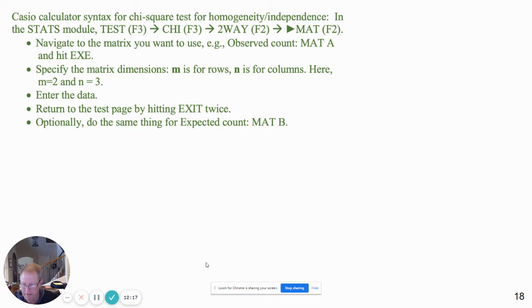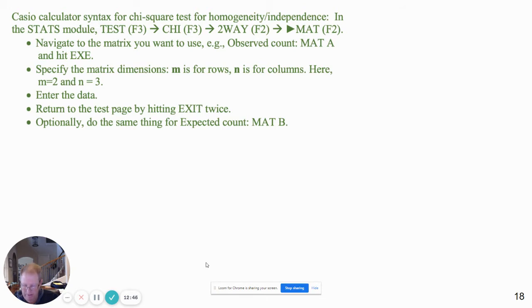Now you'll see there's a couple options here. The observed data is in matrix A. The expected data is in matrix B. So we want to put the highlighter on the observed matrix A, and at the bottom hit mat with the arrow sign. So hit F2. Now you're going to be presented with a table for matrix A, and you want to enter the dimensions.